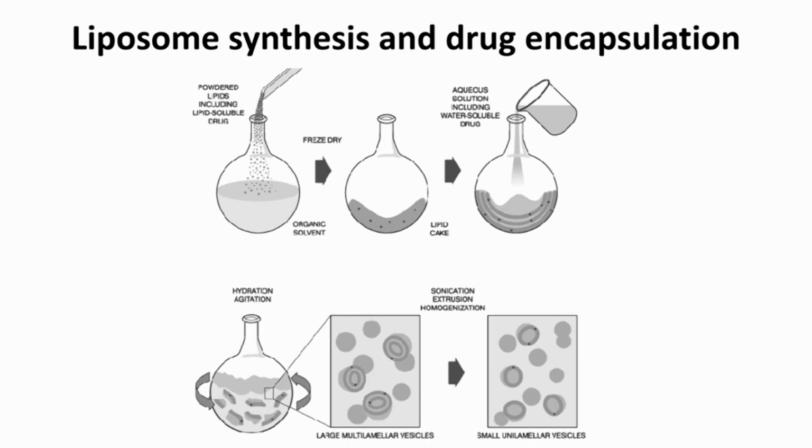A round bottom flask is very widely used, although other types of flask are also used. What you have is powdered lipids, derived from the cell, and these are added at a certain ratio to an organic solvent. This could be chloroform, DCM, or something else.